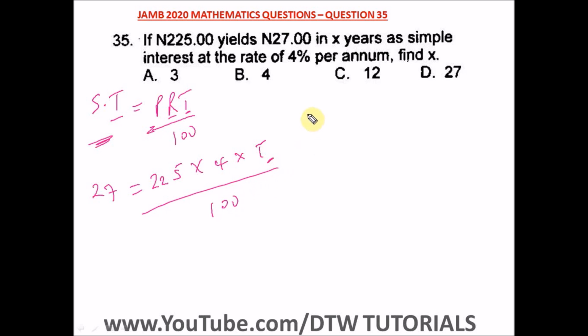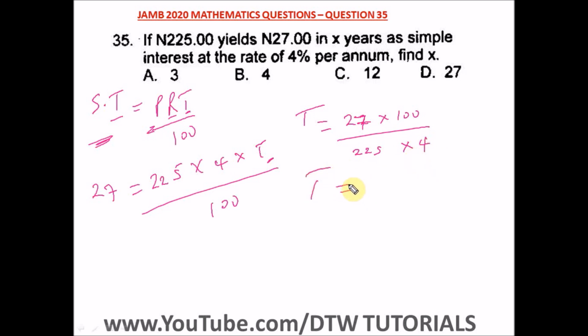Making t the subject of the formula, we have t equals 27 times 100 over 225 times 4.